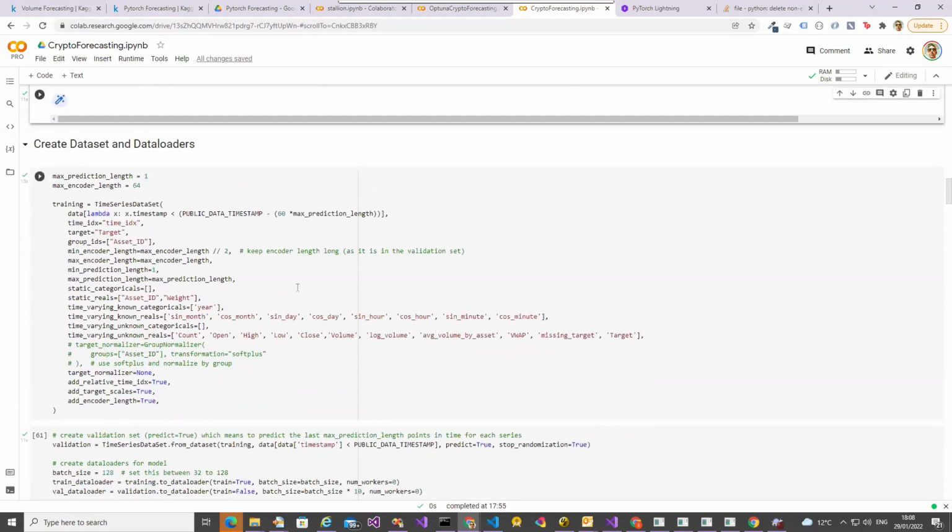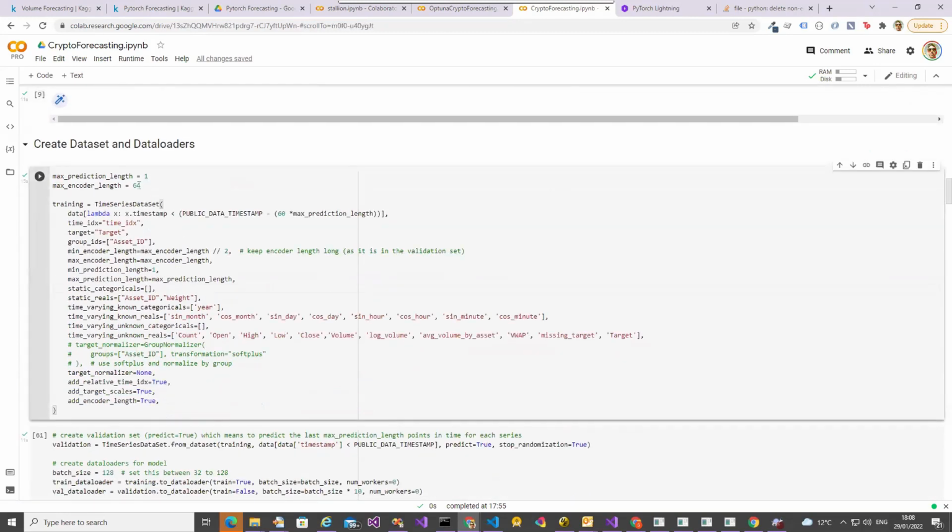Then I went into creating the data set for the PyTorch forecasting one. Here, public data stamp is the timestamp at which the public competition data starts.